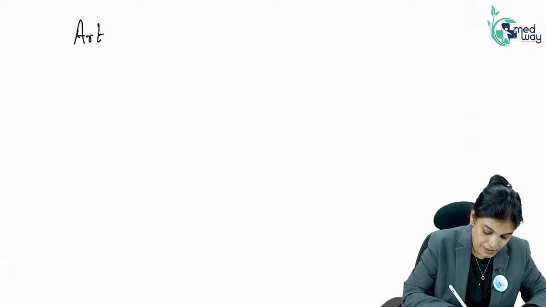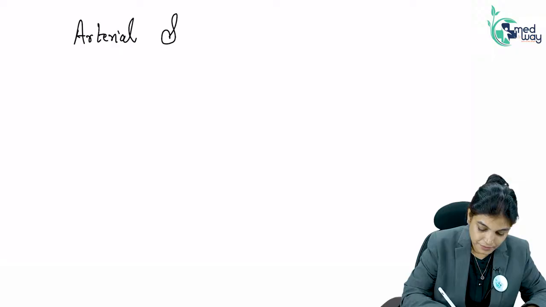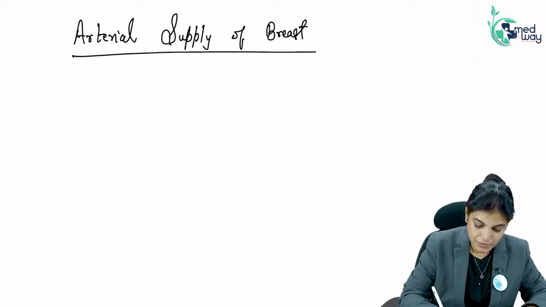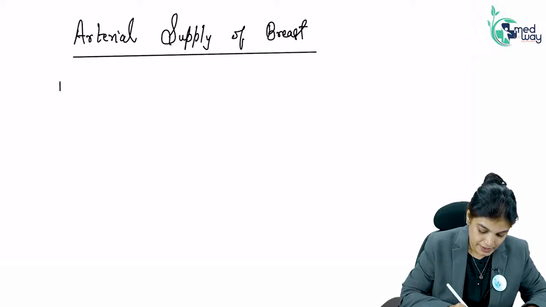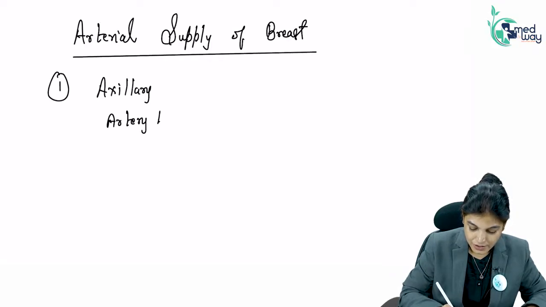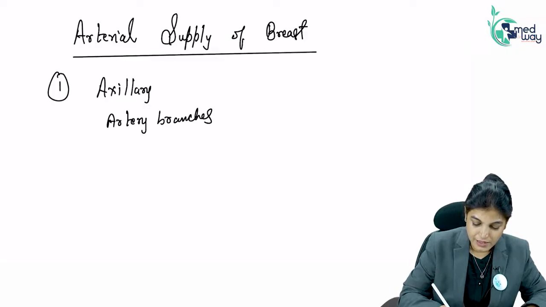So write down the arterial supply of the breast. The arterial supply of the breast is via the following branches. The important branches giving arterial supply are the axillary artery branches. Which branches of the axillary artery?